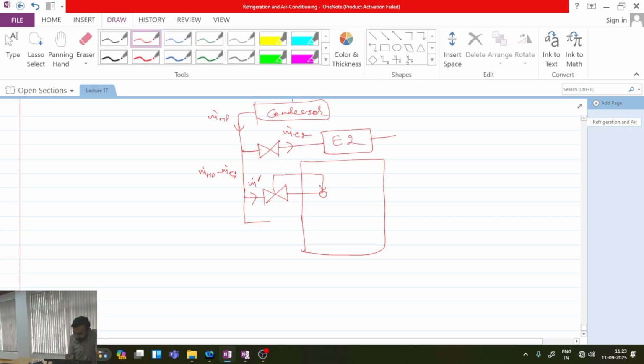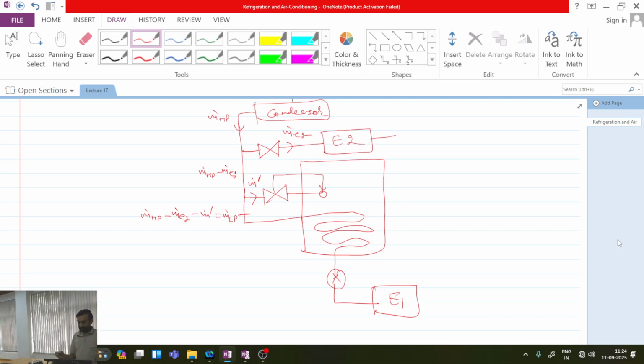Then here I am having evaporator 1. So the mass over here is what? m dot HP minus m dot E2 minus m dash, and this must be equal to m dot LP, because below this is nothing but the mass handled by the low stage compressor.